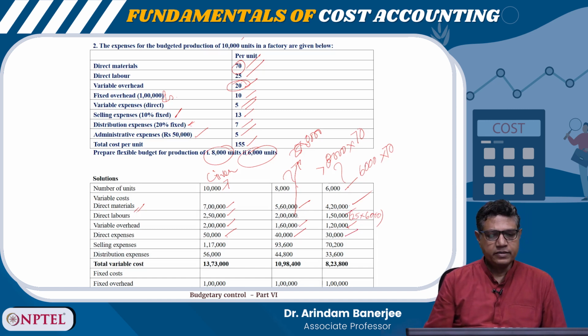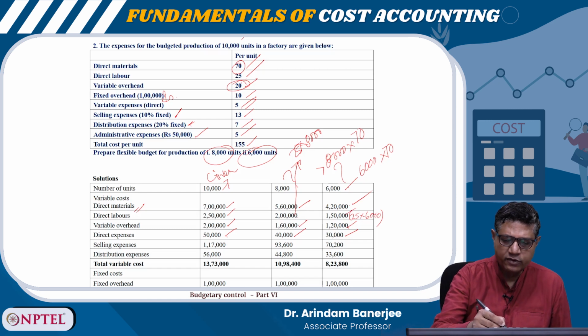Fine. The next item is selling expense. You can see it is 10% fixed. So we can calculate the semi-variable cost at the 10,000 level.